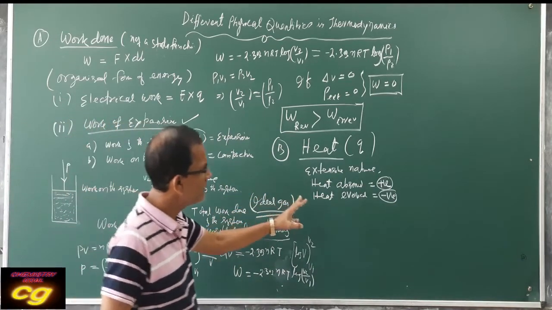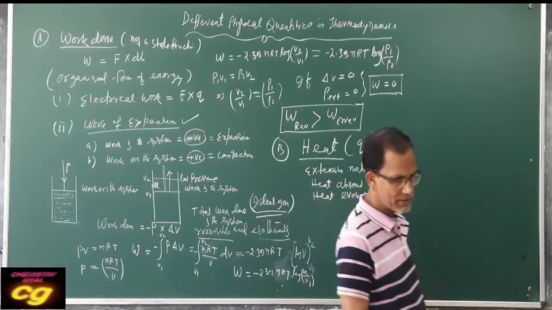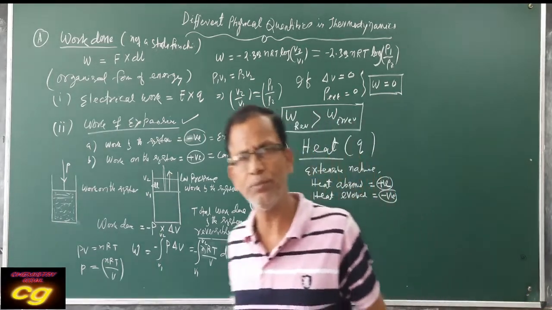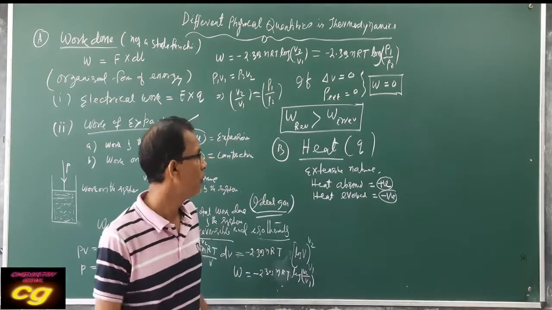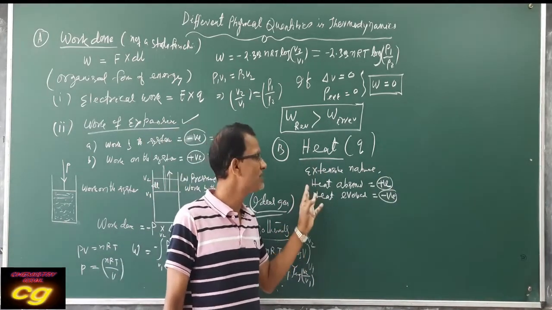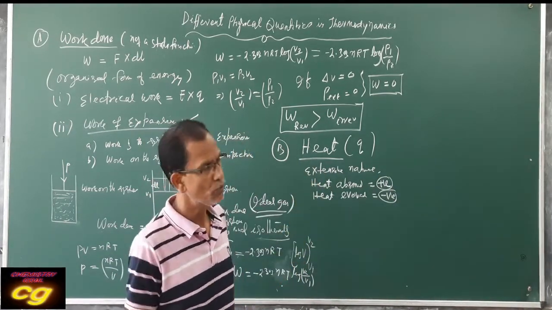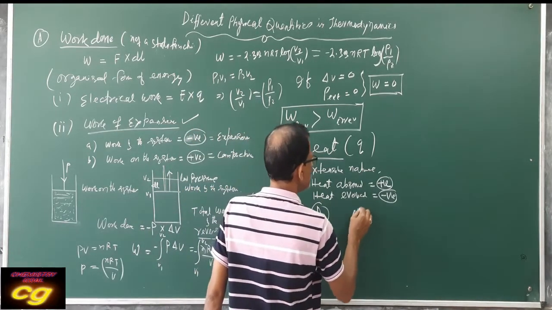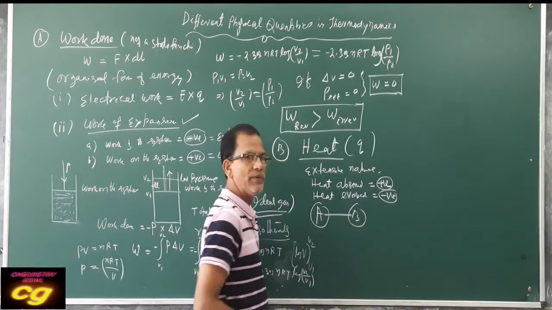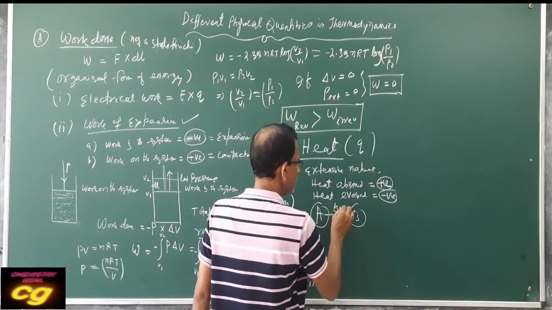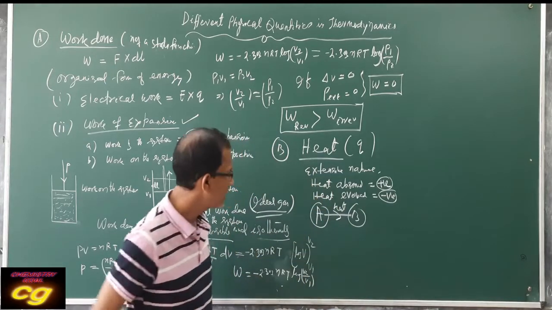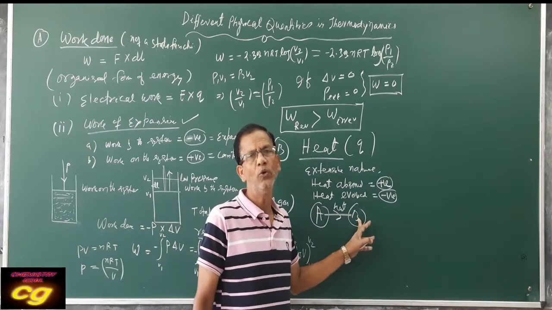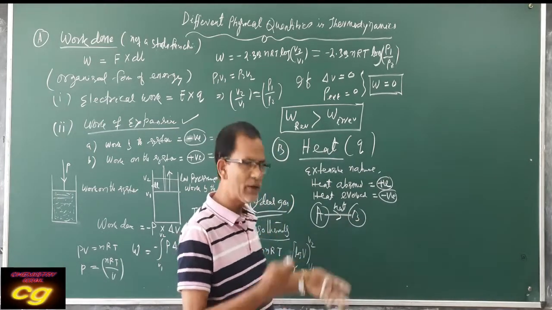Heat mainly indicates the exchange of energy between two systems where there is a difference in temperature. Suppose there are two systems, A and B, and heat flows from A to B. That means A has the higher temperature and B the lower temperature, so heat will be transferred.